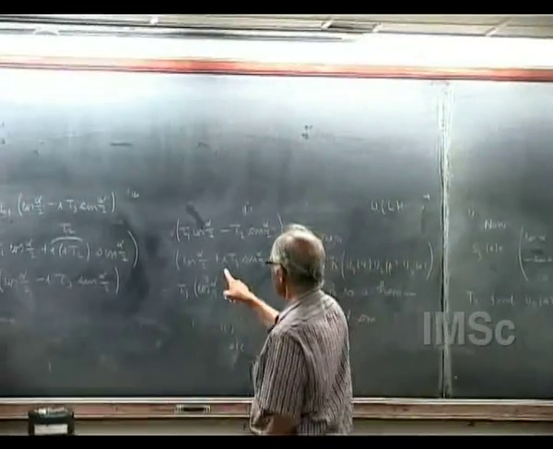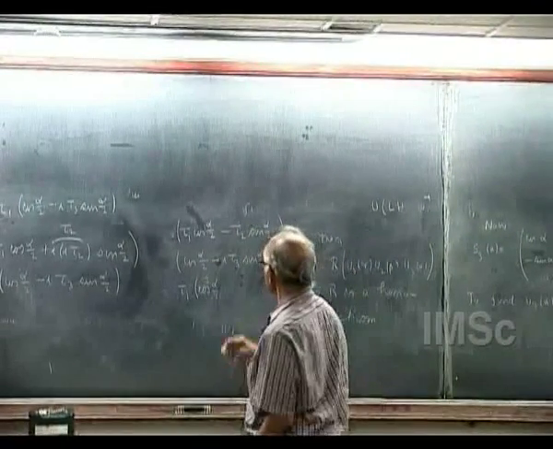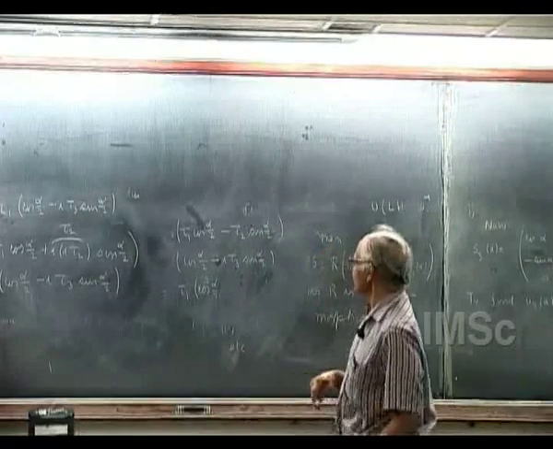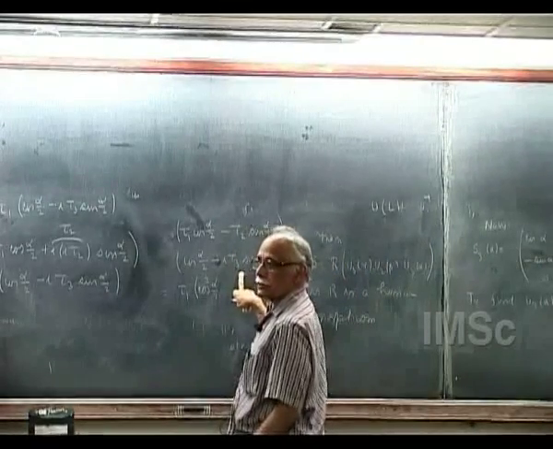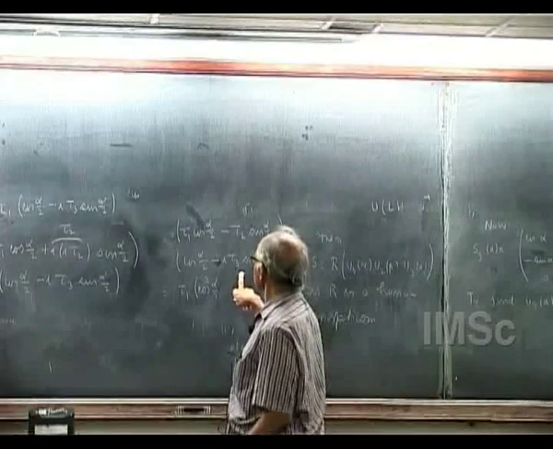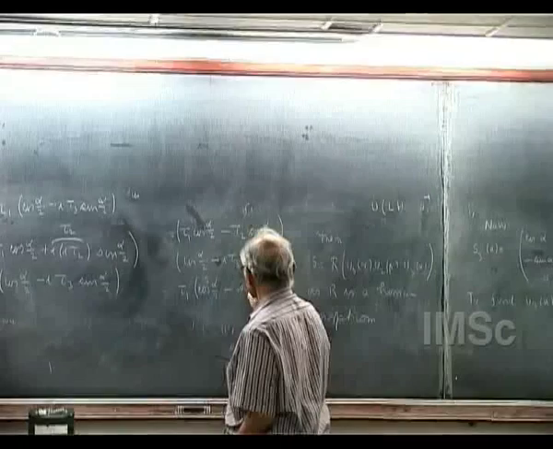Sorry? There should be a minus here, right? I was worried. I was getting the sign wrong, so that's why I hesitated. So tau 2 tau 3 is I tau 1 by the cyclic property. So we get I tau 1 plus I, so we get minus sin squared alpha over 2.